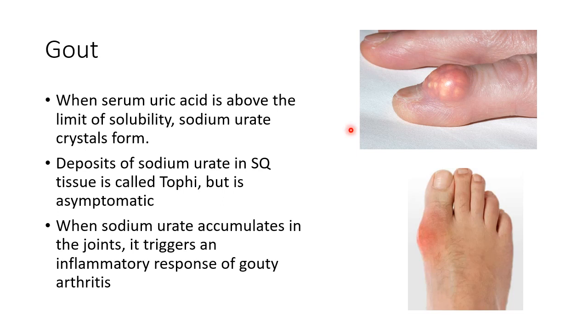Okay? When sodium urate crystals accumulate in the joints, and classically this accumulates in the first metatarsophalangeal joint, this is what we call podagra. It triggers an inflammatory response, and that is what we see as gouty arthritis. So what's unique here, usually it will present in the first metatarsophalangeal joint of the foot.